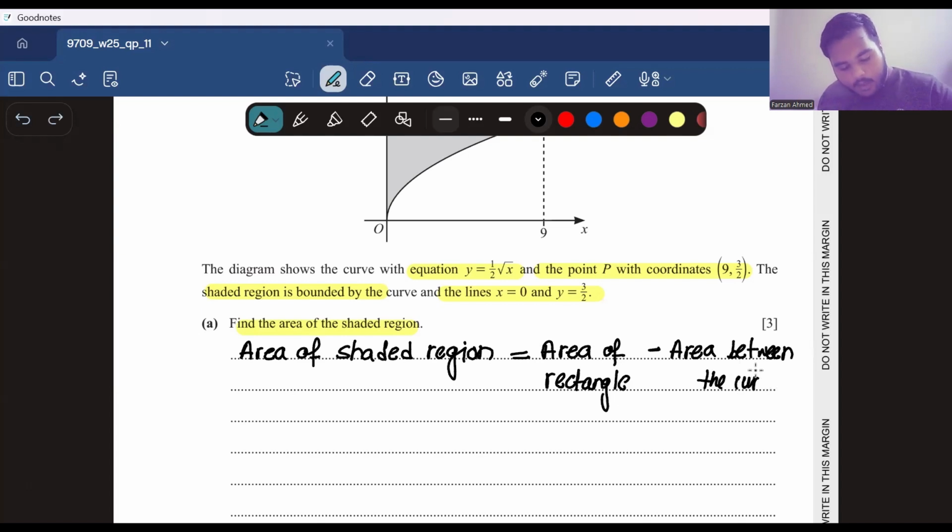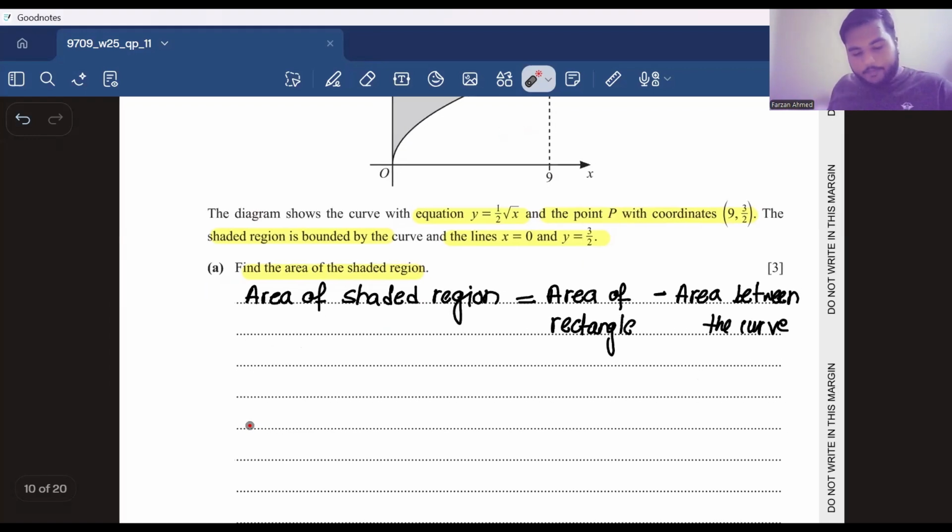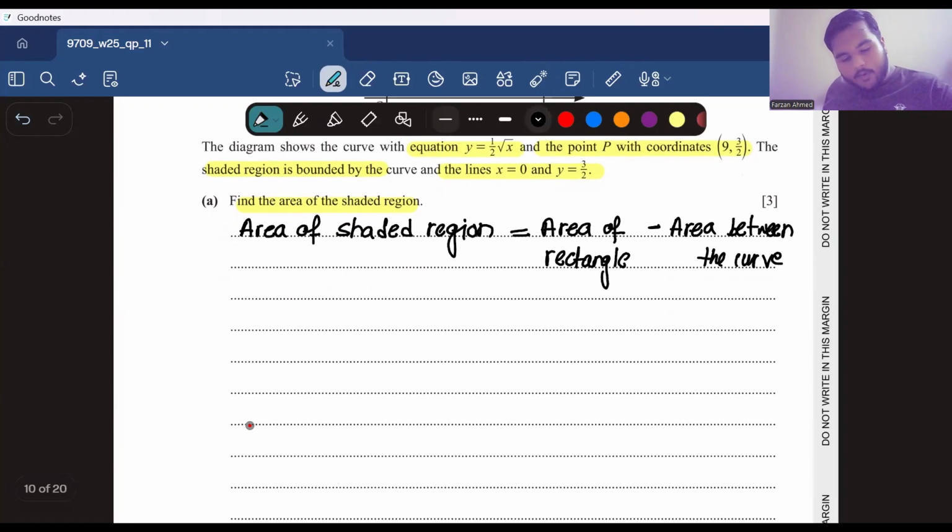The area between the curve is this thing. So this is the rectangle. So first of all, we will find the area of the rectangle.